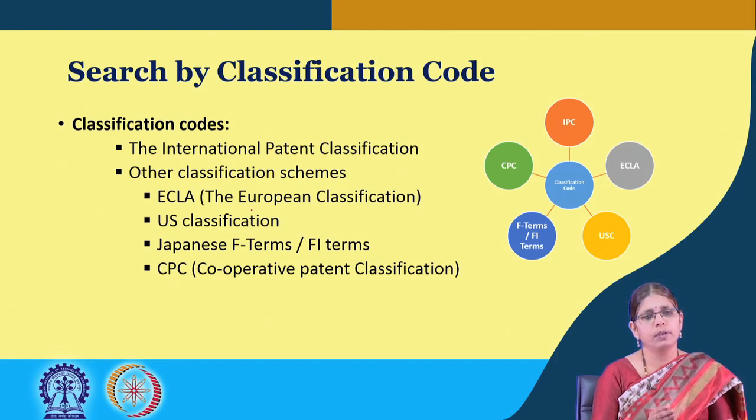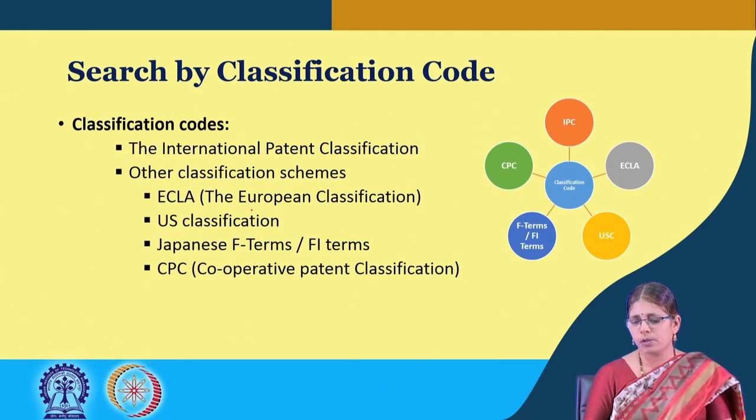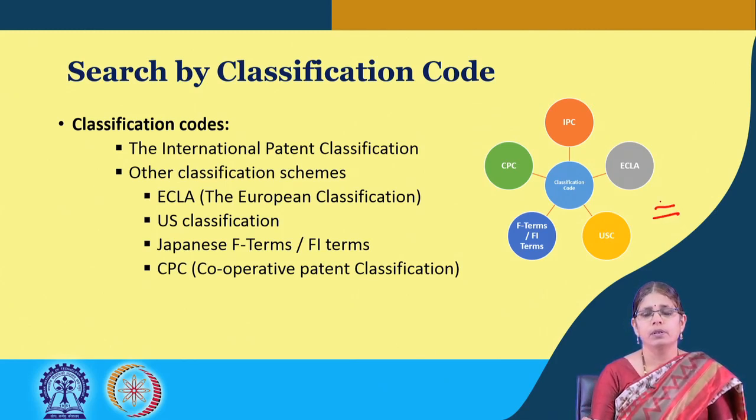Then you have the US patent classification, you have the Japanese F-term, FI term, and you also have the Cooperative Patent Classification system. So, for a searcher, it is very important to keep in mind what the different types of search classification codes are that are available and what is relevant for a particular search.